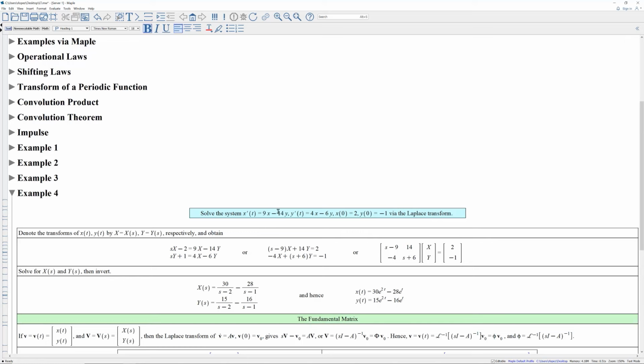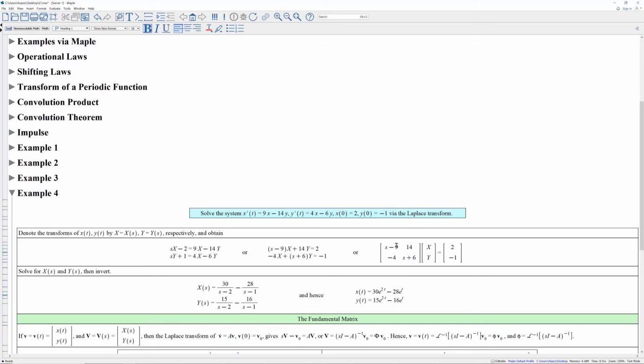So you take the Laplace transform of this equation and this equation, you get these two equations. X is the transform of little x, Y is the transform of little y. Write it as a system in X and Y. So this is the matrix that multiplies the unknowns X and Y, and these have to equal these initial values, 2 and minus 1.